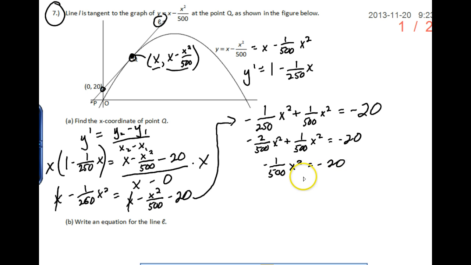Now to solve, I'm going to multiply both sides by negative 500. When I multiply by negative 500, I get 10,000 on the right side. So 10,000 equals x squared. If I take the square root of 10,000, I end up with my value of x.